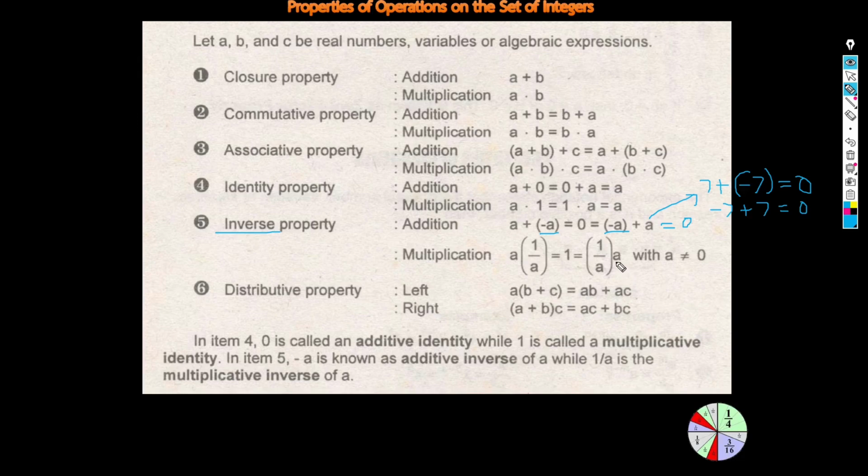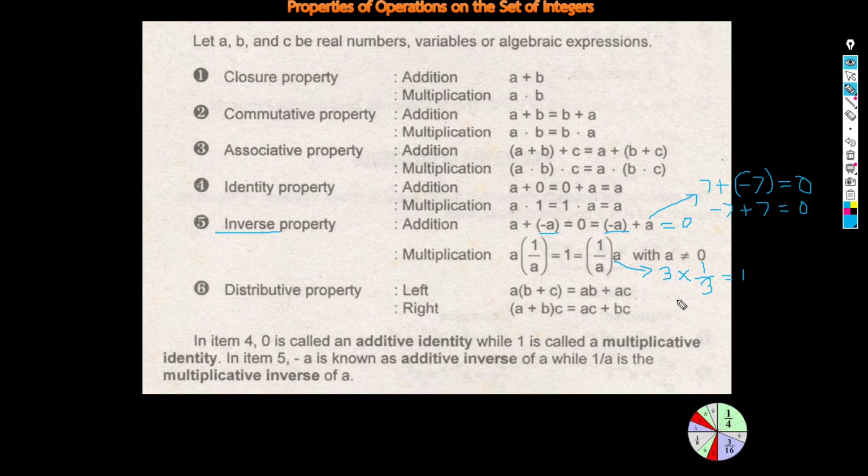Here I'll give you another example. For example, 3 multiplied by its multiplicative inverse. The multiplicative inverse of 3 is its reciprocal, 1 over 3. When you multiply 3 times 1 over 3, it will give you the answer 1.